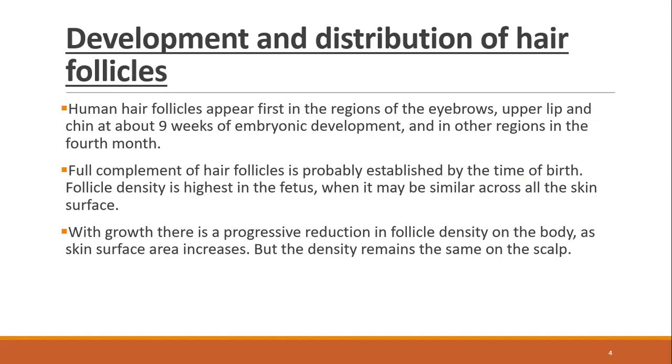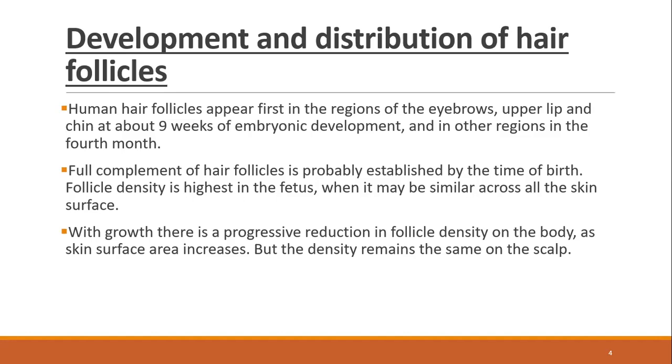The full complement of hair follicles is probably established by the time of birth. The follicle density at the time of birth is highest, and it may be similar across all the skin surfaces. So the follicular density is almost the same on the face, on the body, arms, legs, etc.